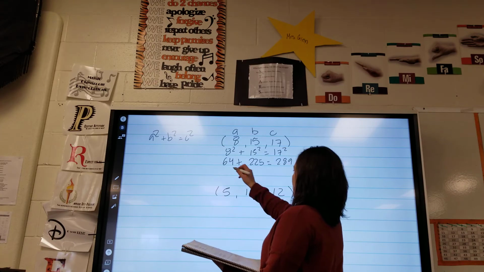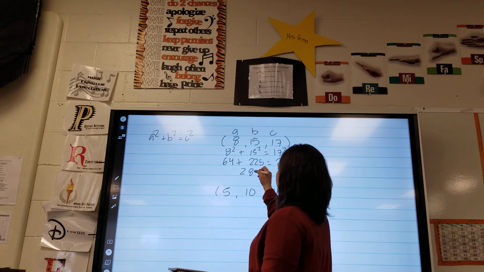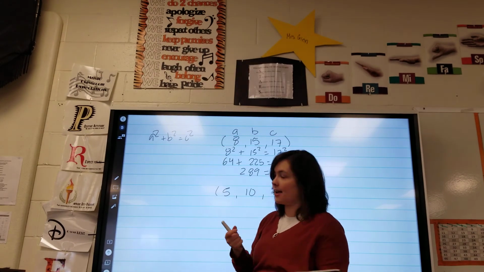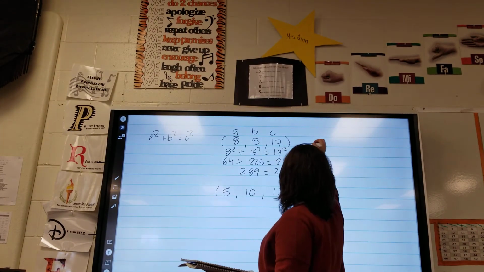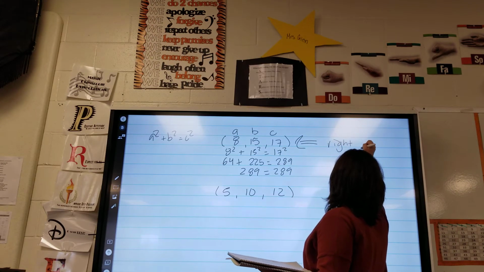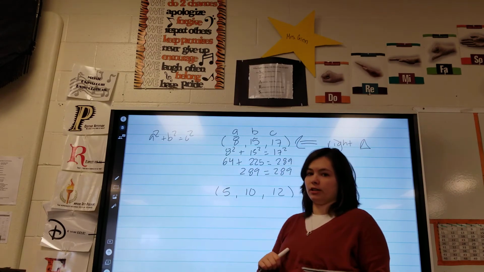So does 289, because that's what we would get if we added those together, equal 289? Trick question. Yes, it does. So therefore, this guy right here is a right triangle. Why? Because it works. They equal each other.